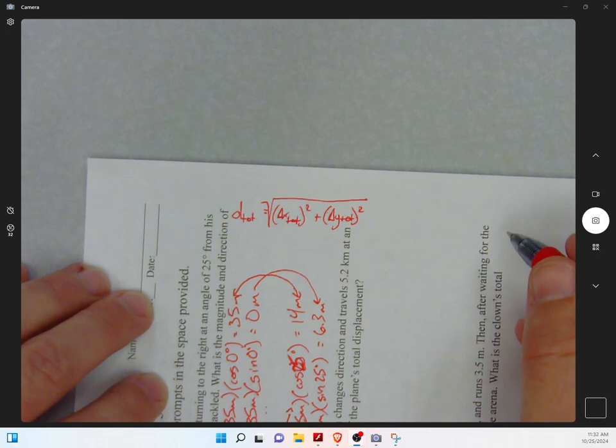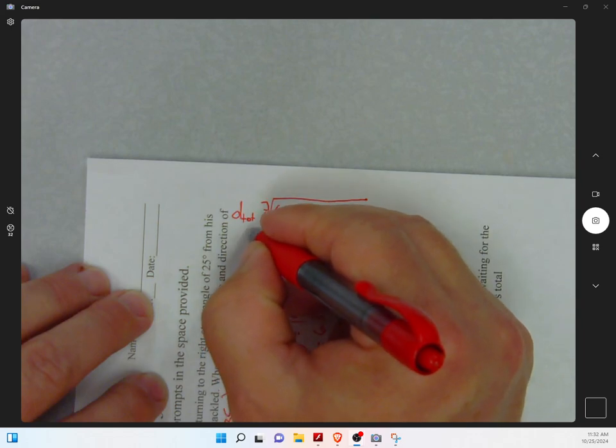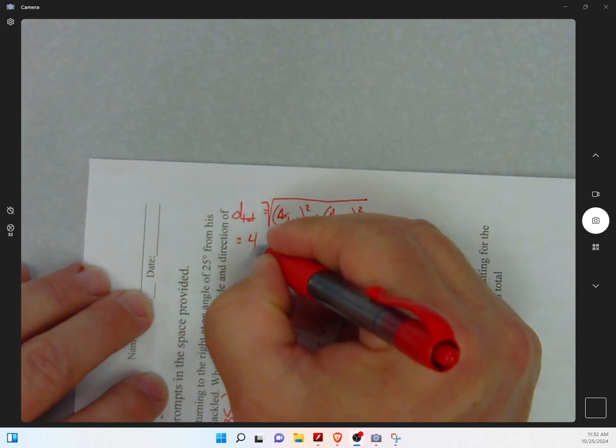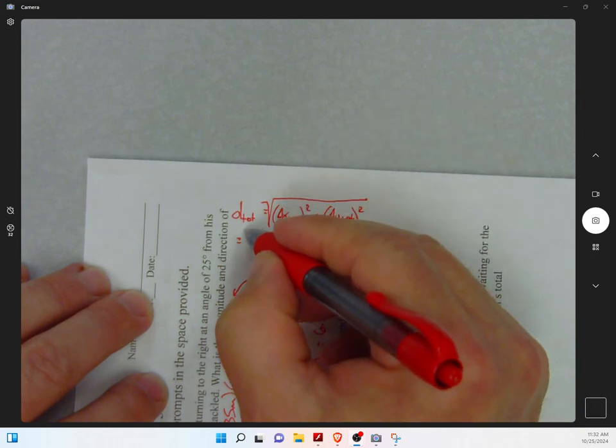Now, once we actually do that, it'll turn out to be 49 meters.